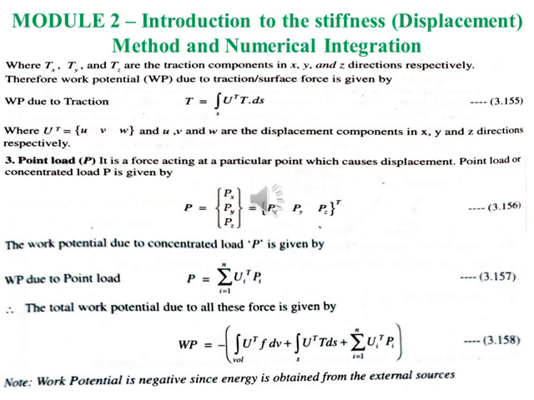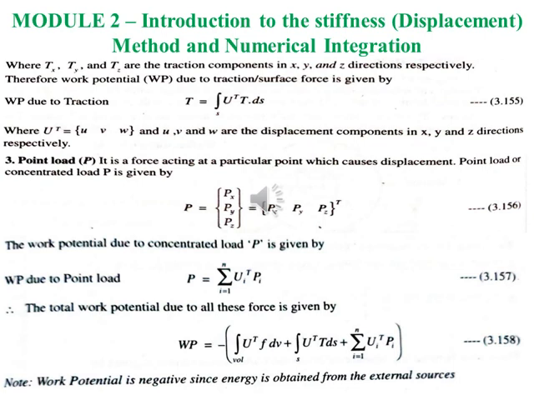So point load or concentrated load is given by P of x, P of y and P of z, wherein the work potential due to the concentrated load will be given by the summation of u i transpose into P i, where the work potential due to all the forces is given by integrating u transpose f dV plus u transpose T dS plus u transpose P i.